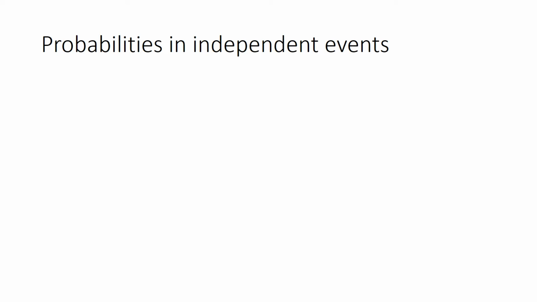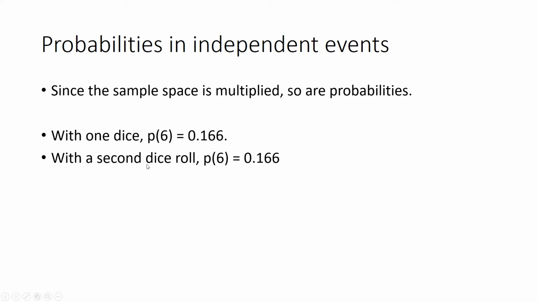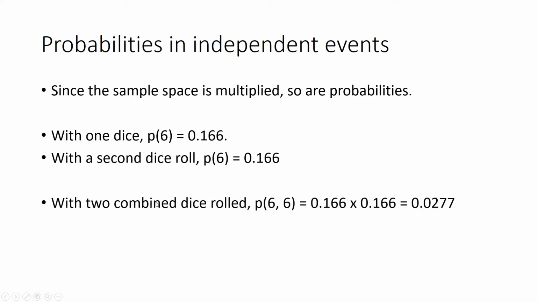But with independent events, it becomes a bit more complex. Since the sample space is multiplied, so are the probabilities. So for example, with 1 dice, the probability of a 6 is 0.166. With a second dice roll, the probability of 6 on that dice roll is also 0.166.